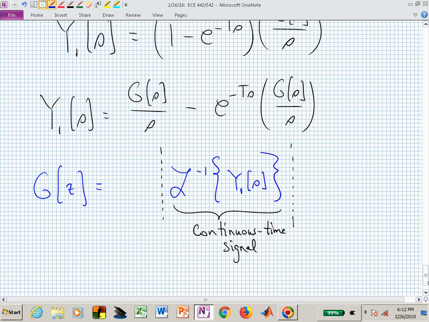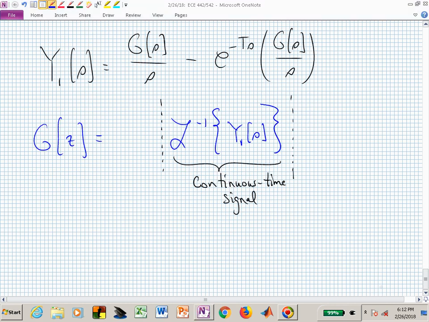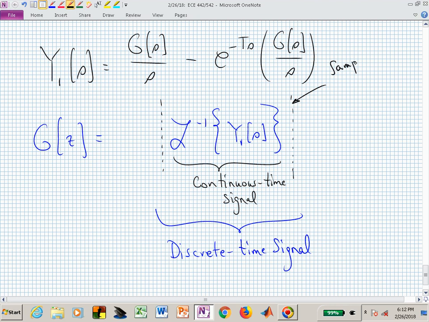If I've sampled a continuous time signal, then what's coming out of that dash is a discrete time signal. So this dashed line means that, and this is what's hanging off on the output side.